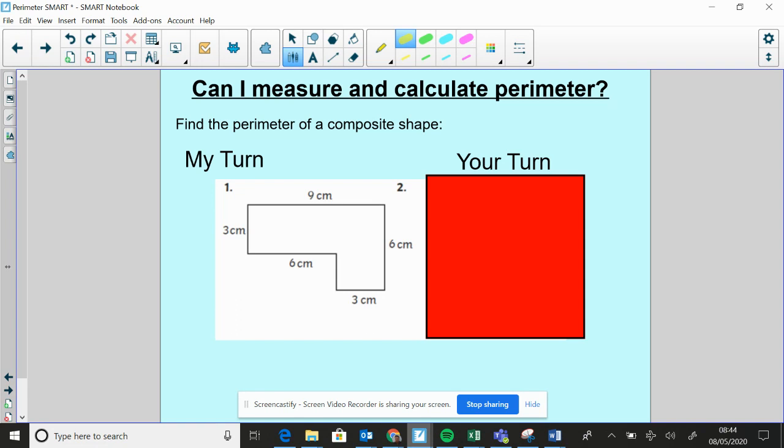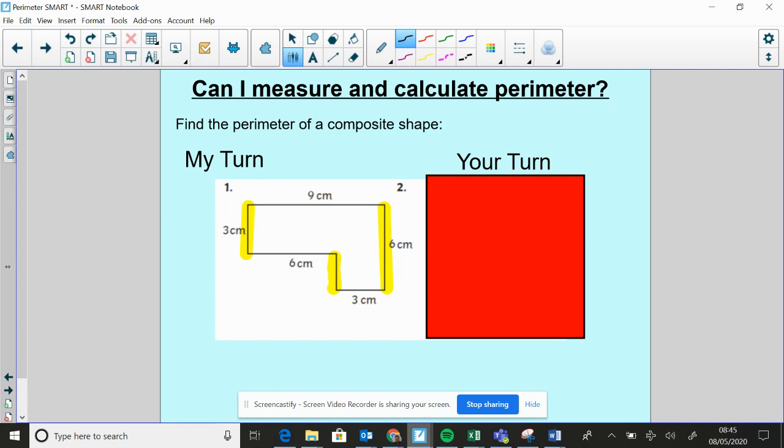You may think, yes, we have, because we've got lots of numbers, but on closer inspection, if we look at the vertical sides, we've got the 6, we've got the 3, we don't have anything here. So many students may make the mistake of just adding the numbers that are there and thinking that they're done. But without that missing number, the answer won't be correct.